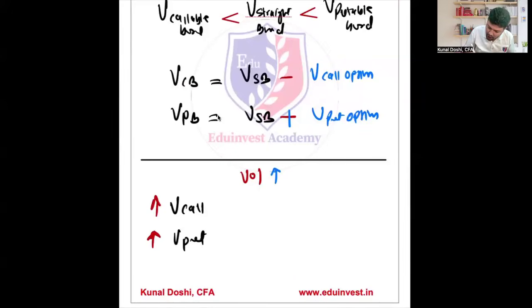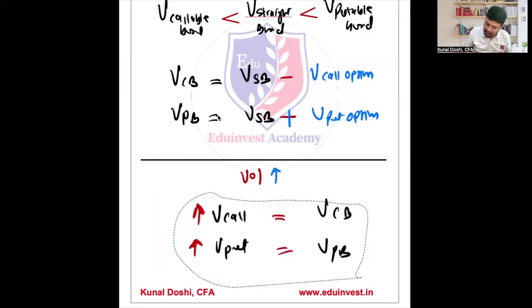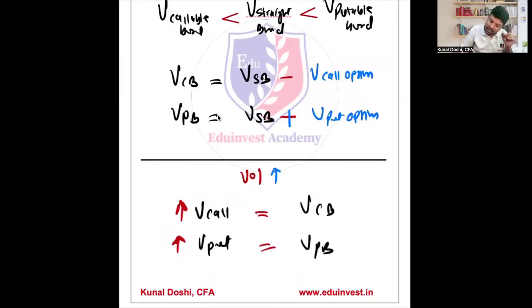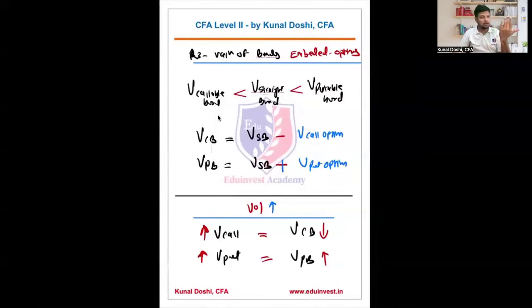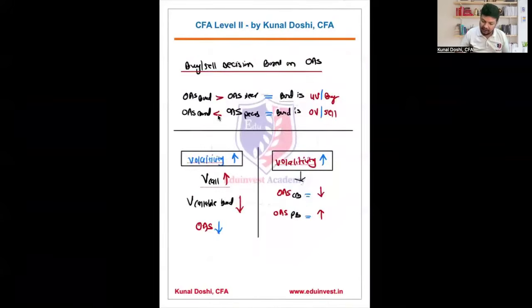But the increase in the value of the call option will lower the value of the callable bond. See, value of call increases, is it a good sign? No, it's a bad sign for a callable bondholder. It's good for the issuer. So in this case, the value of the callable bond will fall, but if the value of the put increases, the value of the puttable bond will increase. Are you with me on this? Correct, everyone?